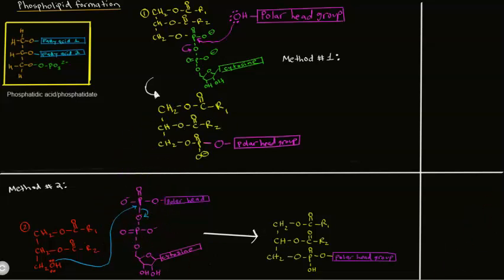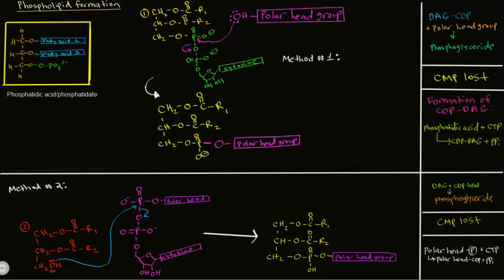So let's discuss what we have just learned. In this first method, we have DAG-CDP plus a polar head group forming our phosphoglyceride, and CMP will be lost in this process. Now, another thing I wanted to mention is how do we get this CDP DAG in the first place?